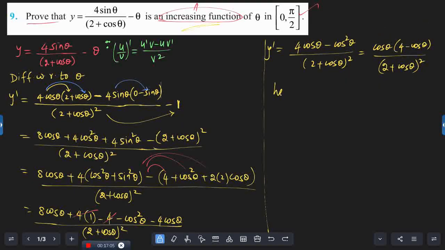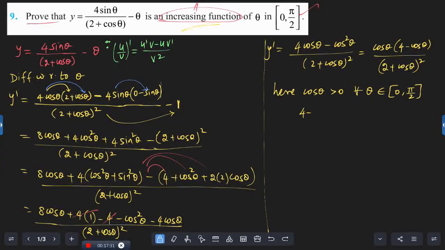So cos theta is greater than 0 for all theta belonging to the closed interval 0 to pi by 2, the first quadrant. Understand?